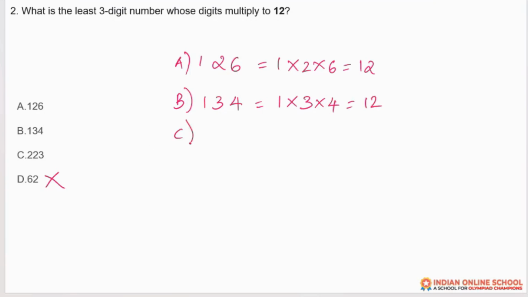The third option, 223, multiplying the digits, again you get 12. So the product is 12 in all, but which is the least 3-digit number among 126, 134 and 223? 126 is the answer. So option A is the correct answer.